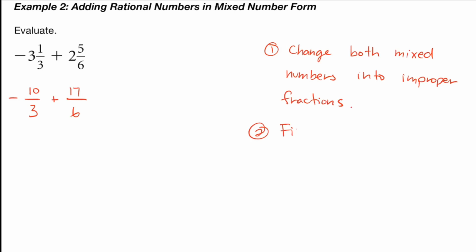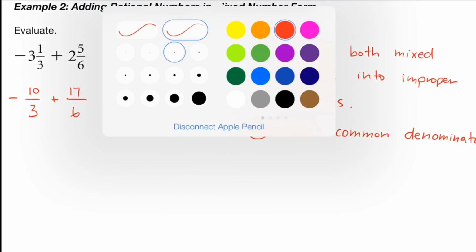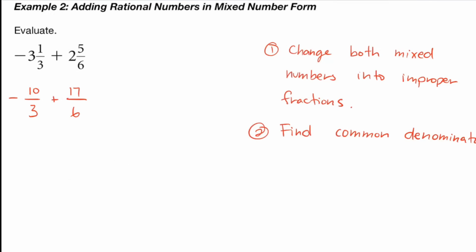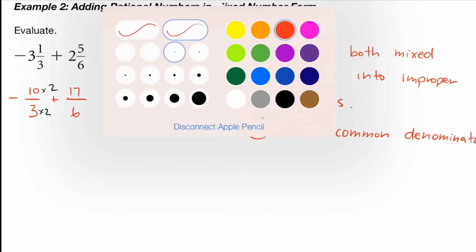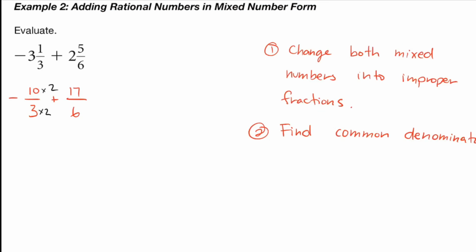Second step, I've got to find common denominators. I realized the common denominator between 3 and 6 is 6. So I simply just need to multiply 3 by 2. And then here is my new fraction.